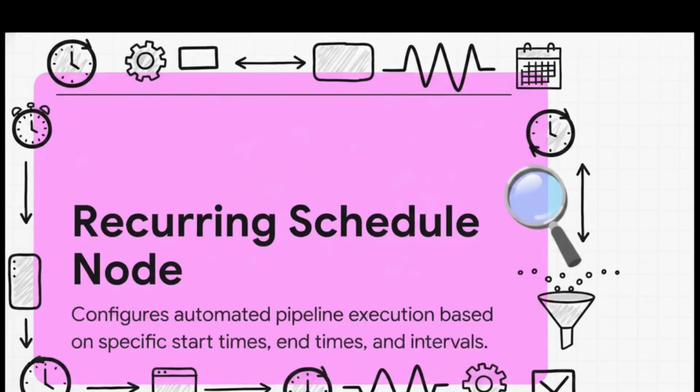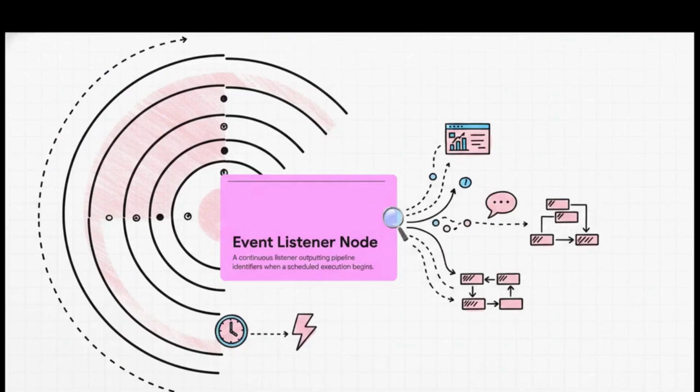First up is the recurring pipeline schedule node. Think of this one as your highly precise MLOps alarm clock. You just feed it your start times, your end times, and your exact intervals, and it takes over completely. It dynamically or statically drives your ML pipeline runs right on schedule. No manual intervention needed. Working perfectly in tandem with that alarm clock is the event listener node.